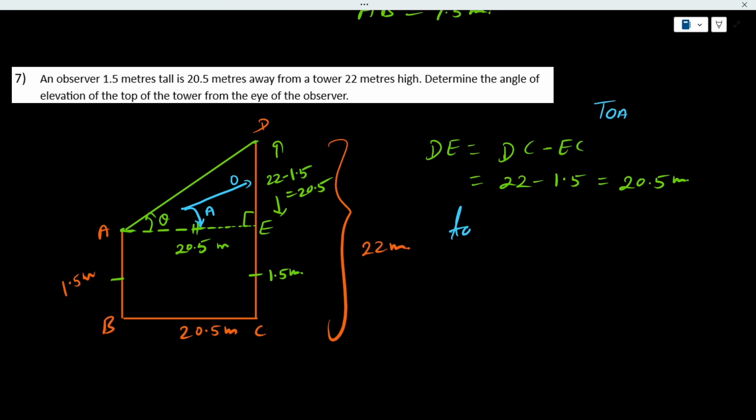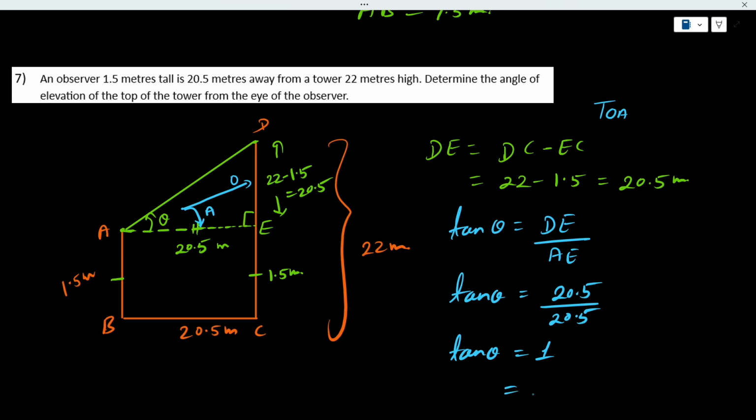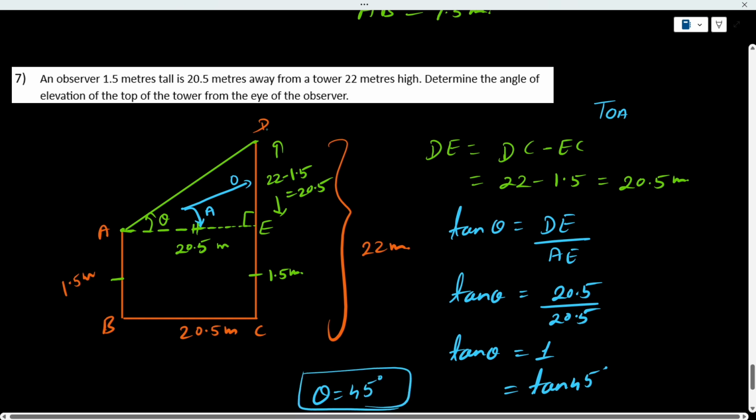So I can take here tan theta equals DE by AE, and tan theta equals 20.5 by 20.5, which is nothing but 1. And you know that 1 is for tan 45 degrees. So theta, sometimes you need to find out the angle also. So theta is going to be 45 degrees, right?